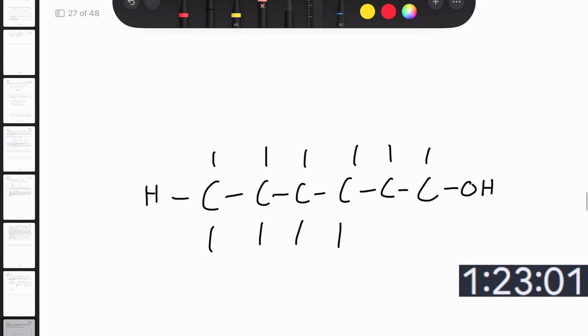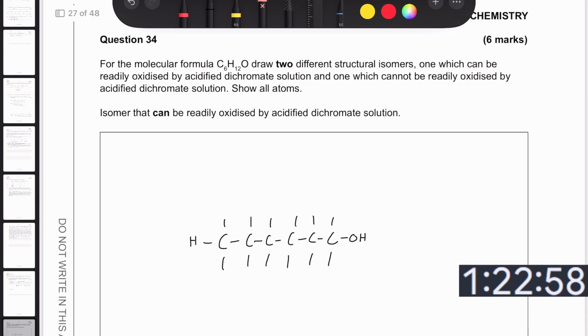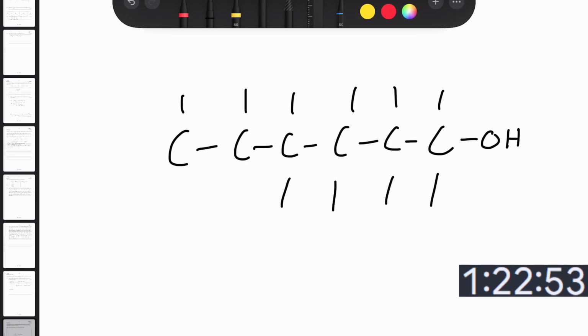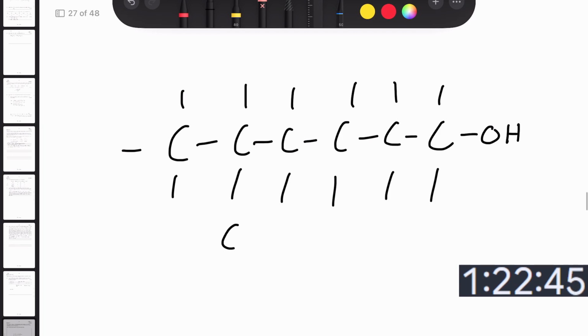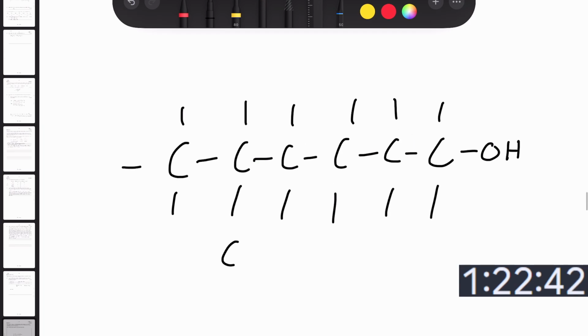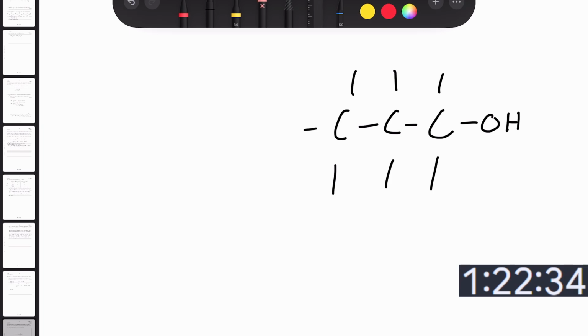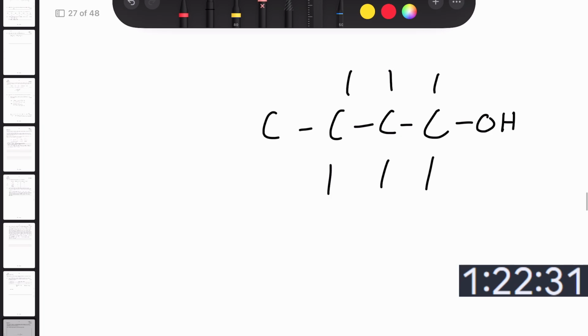And I only have 12 hydrogens. So it looks like I'm going to have to swap some things around. Three. I'll do it like this. 1, 2, 3, 4, 5, 6, 7, 8, 9, 10, 11.